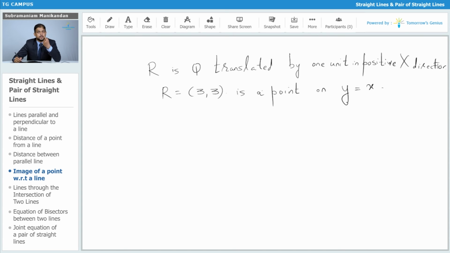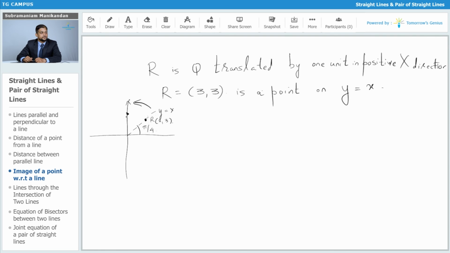Because it passes through origin, and secondly because it is inclined equally between the x-axis and y-axis. So therefore, if this point is rotated about the origin, suppose this point is located here on the line y is equal to x. And so rotation by pi by 4 will bring it to the y-axis.